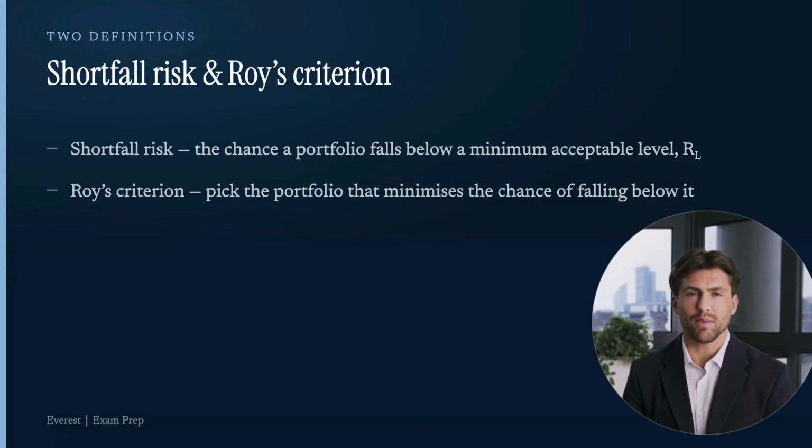Call that minimum level R sub L for threshold level. Roy's safety first criterion says, out of your choices, pick the portfolio that minimizes the probability of falling below R sub L. This all rests on one assumption worth naming.